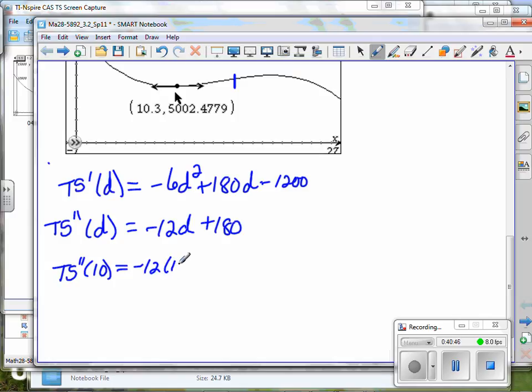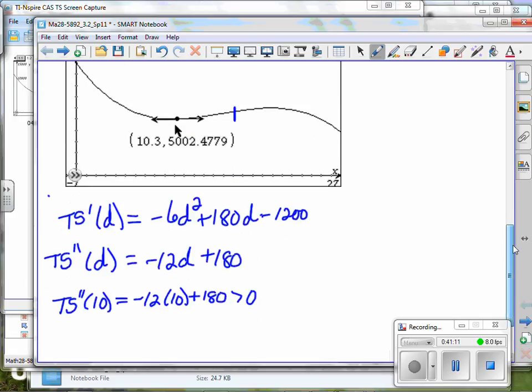I really don't care what the value is. What I care about is the sign of it. Is it positive or negative? Positive, yeah. Negative 120 plus 180 is positive 60, okay?